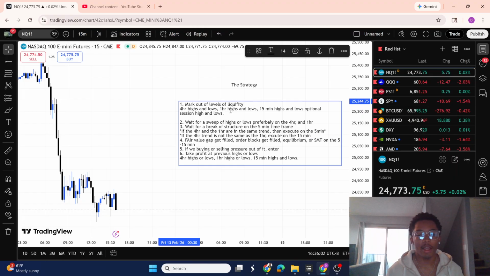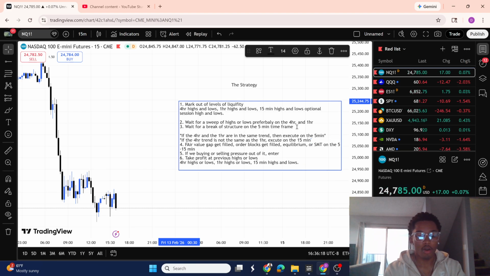Now that was our break of structure, but you can also use inverse fair value gaps as a break of structure. So let's add to this: or wait for an inverse fair value gap on the highest time frame up to the 15-minute.